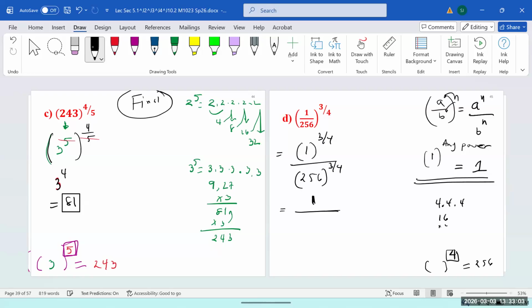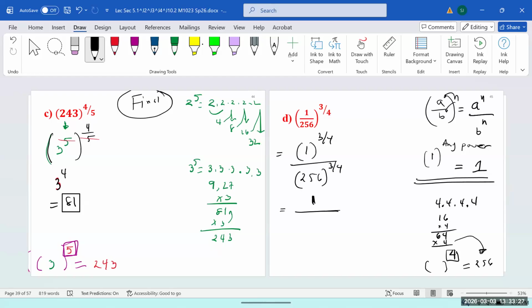And then 16 times 4 is 64. And now 64 times 4 is 256. See, I told you the answer will be definitely from 2 to 7. Figure out which one.